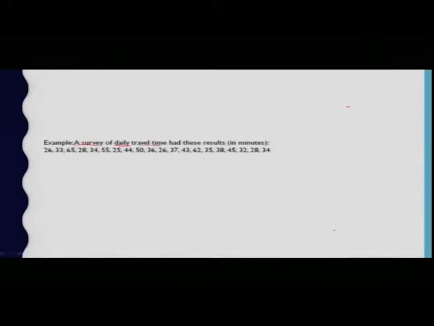So, now we will solve one example which says that a survey of daily travel time had these results in minutes: 26, 33, 65, 28, 34, 55, 25, 44, 50, 36, 26, 37, 43, 62, 35, 38, 45, 32, 28, 34. So, these are the results obtained by the survey of daily travel time.